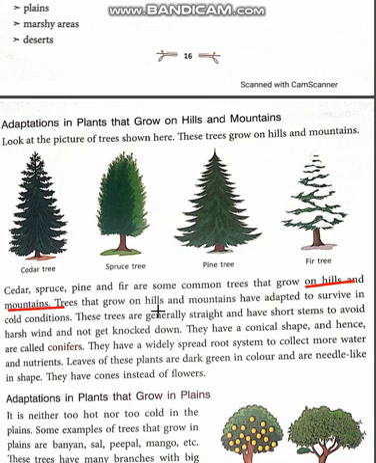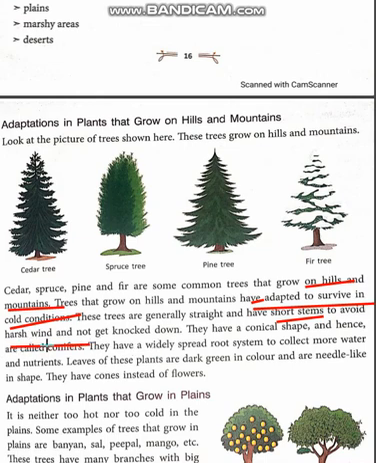Trees that grow on hills and mountains have adapted to survive in cold conditions. Their shapes also play a very important role in surviving at the high mountain area. They are straight and have a short stem to avoid the harsh weather conditions.